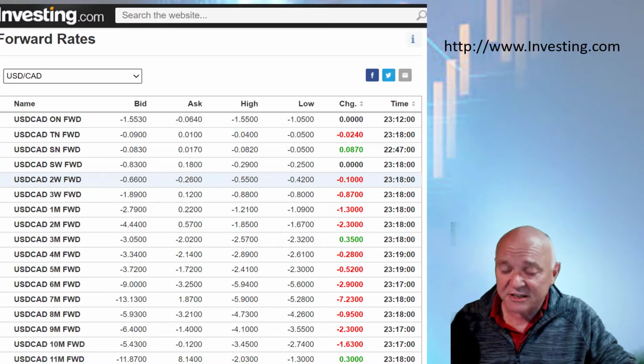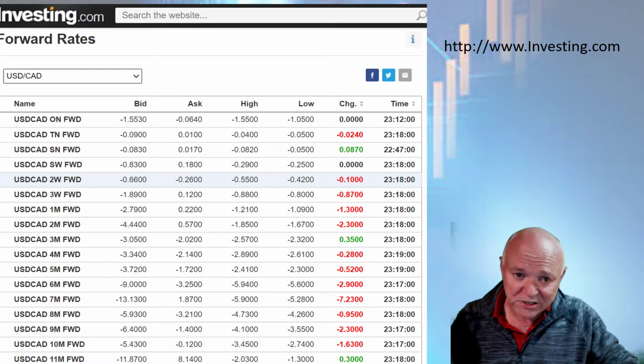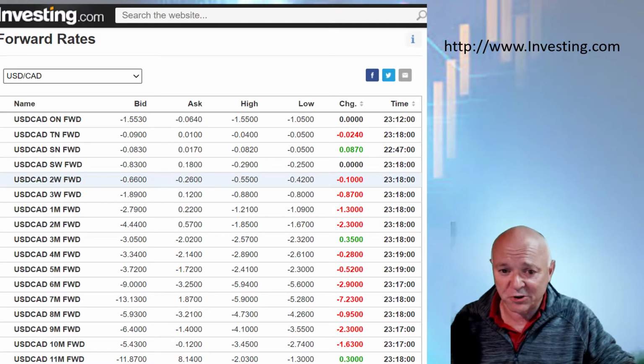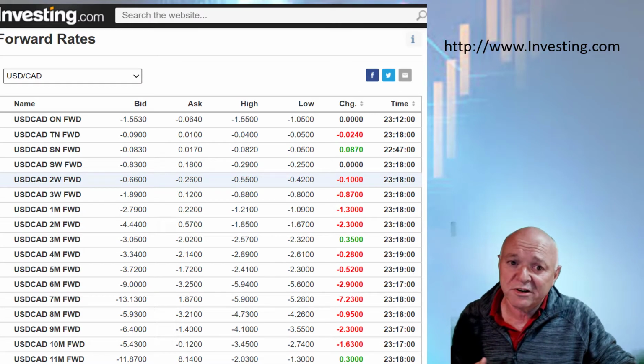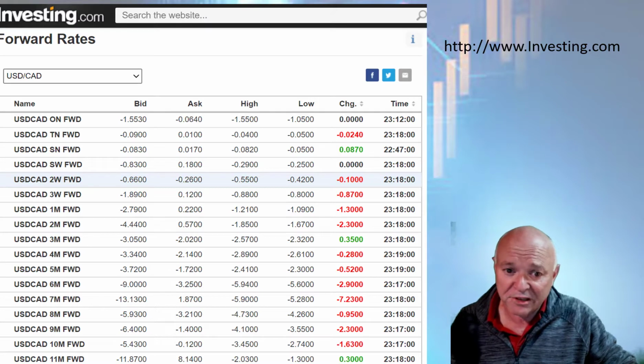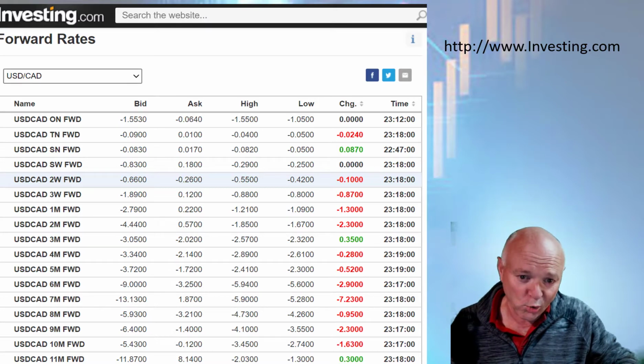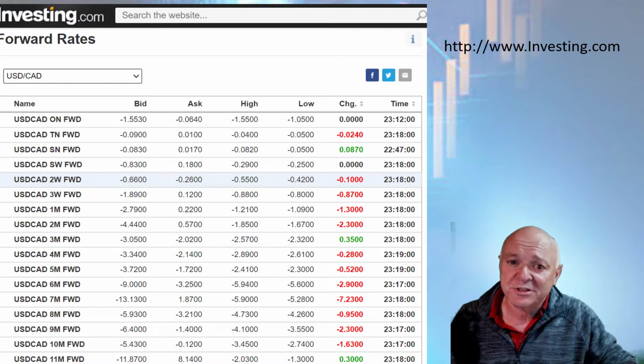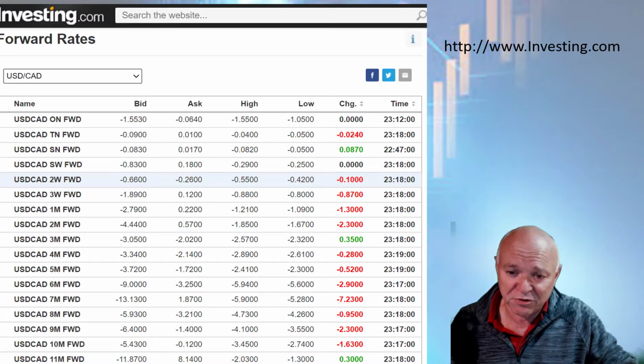In this particular case, we have a forward rate for the US dollar to the Canadian dollar, provided a couple of days ago. And this particular table gives me the information about quoted forward rates from overnight or ON contracts right through until 30 years delivery in the future.